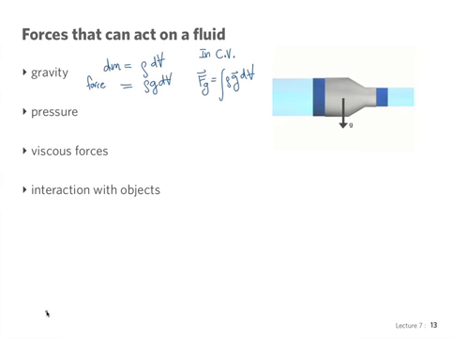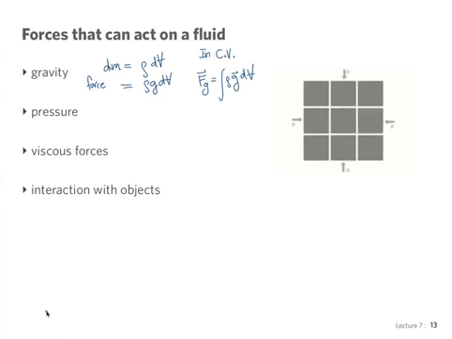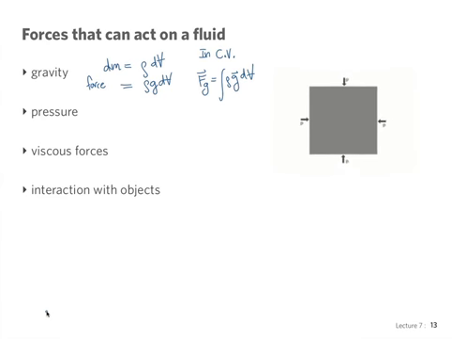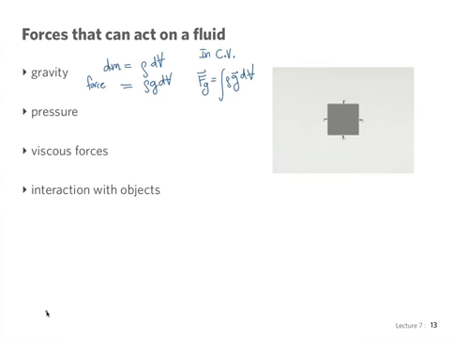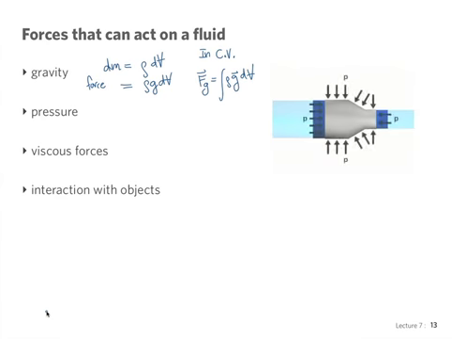Gravity. The other forces that we could have are forces of pressure. If we look at small elements of fluid, each one is going to be subject to some pressure, and we will see a macroscopic result on a control volume by looking at the surfaces of the control volume.